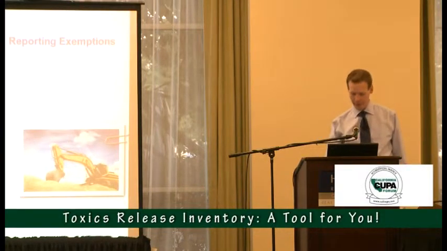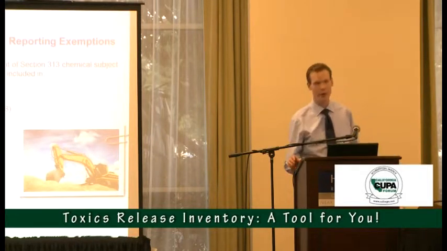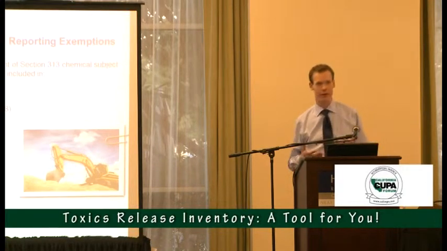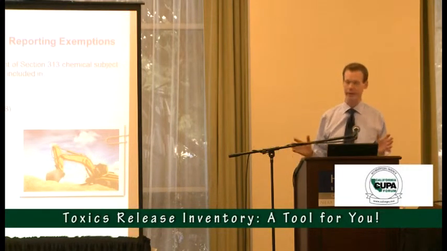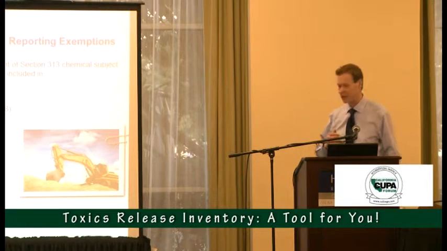Also, there's a number of reporting exemptions. I mentioned a moment ago that buildings, for example, if TRI chemicals are used in your building, that doesn't count towards your activities. A few of the exemptions: de minimis.